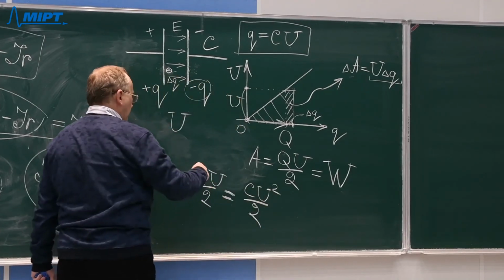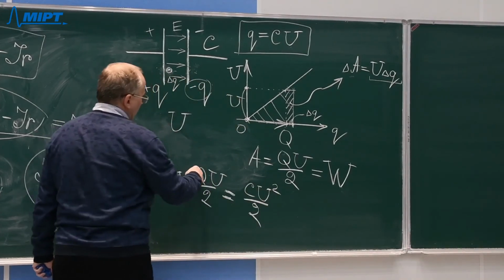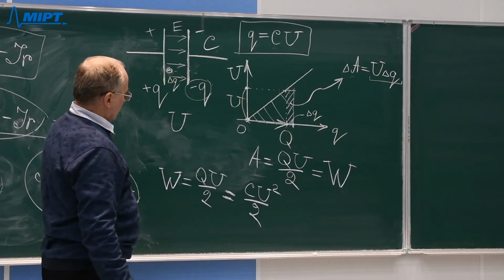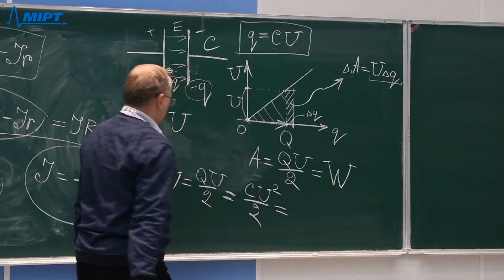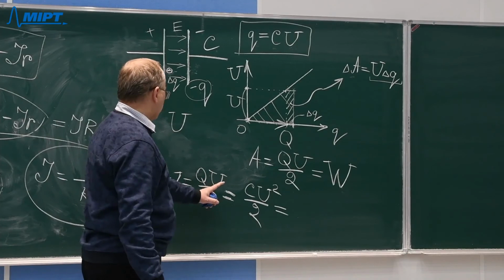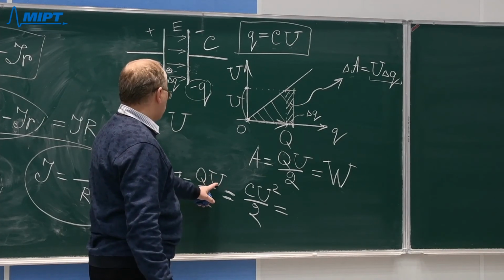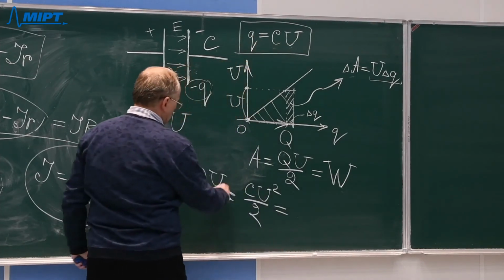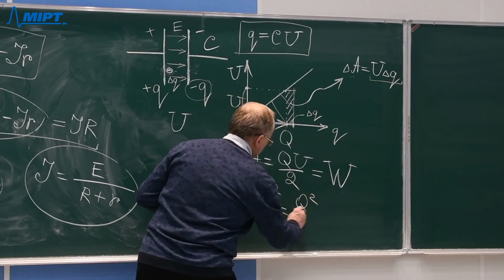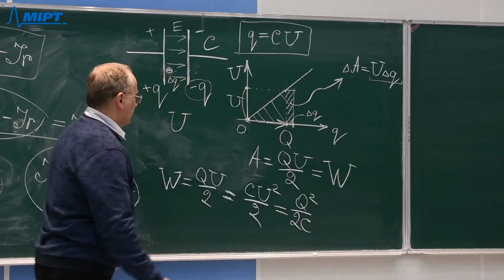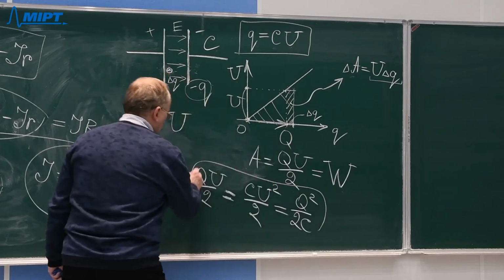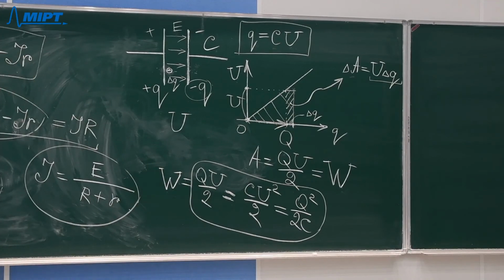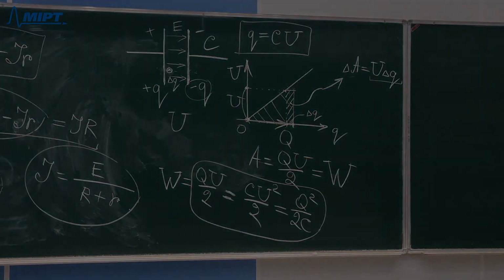That is, if we substitute for Q its formula through the capacitance. Also, we may substitute the expression for U from this formula, U equal to Q divided by C. So from here we obtain Q squared divided by 2C. All these are different expressions for the energy of the charged capacitor.